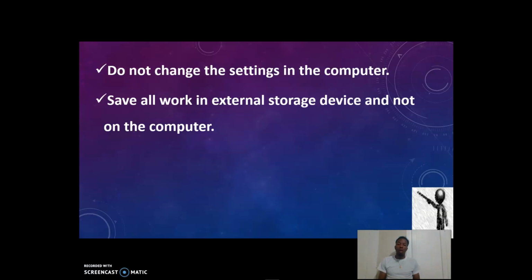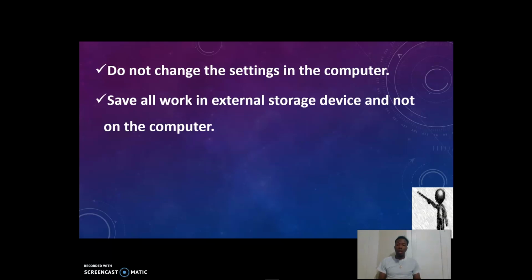Save all work in an external storage device and not on the computer. Alright, so you're typing up something in Microsoft Word, you're creating a database document, or you're creating a Microsoft Excel sheet. When you're finished, or before you're finished, please go to File, go to Save As the appropriate name, and select the external device for storage, please.